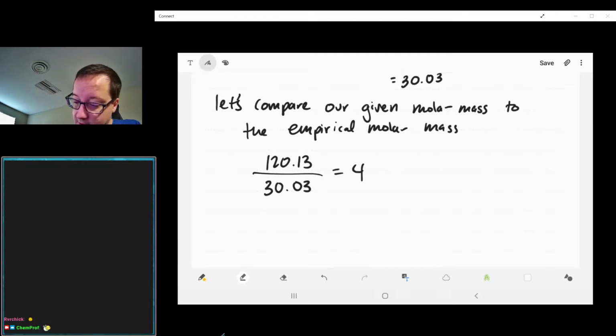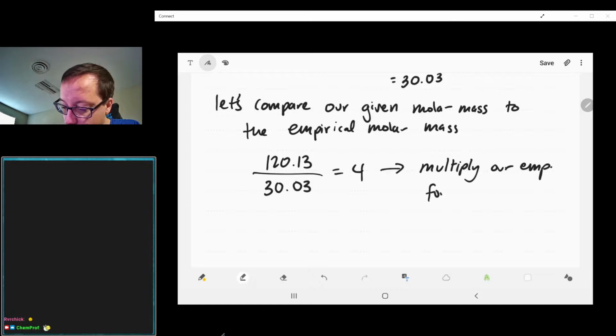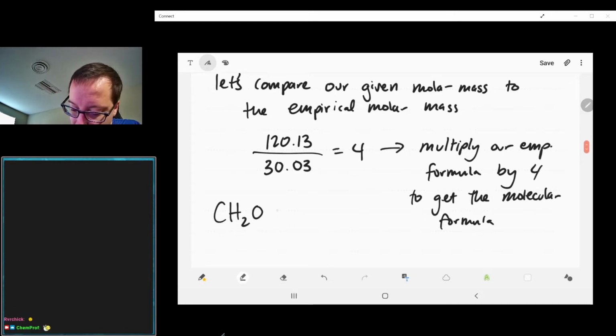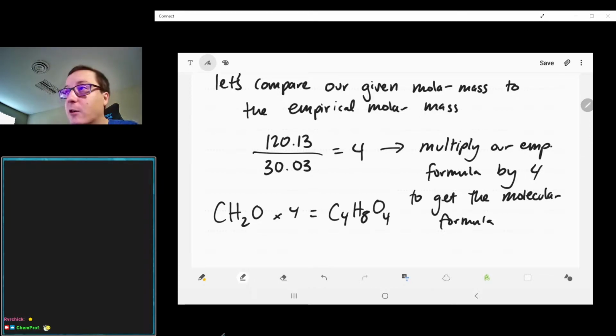That tells us that we should multiply our empirical formula by 4 to get the molecular formula. If we do that, we would multiply all of our components by 4, and we would end up with our molecular formula.